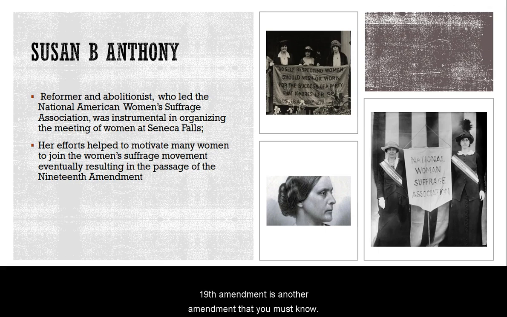The 19th Amendment is another amendment that you must know, and it is the amendment that allows women the right to vote. And it is passed in 1920.